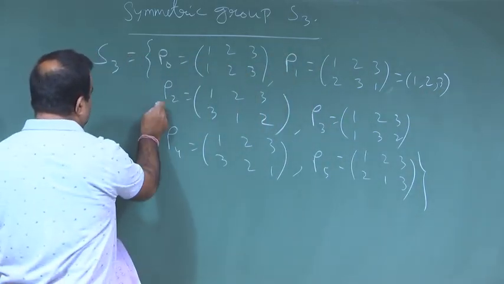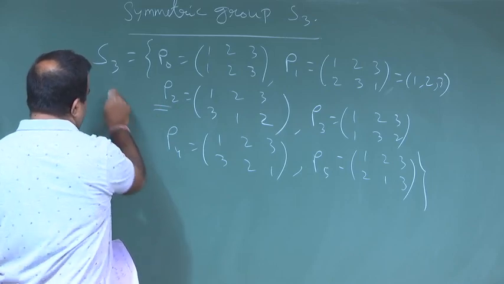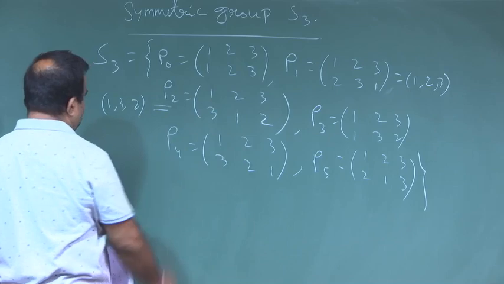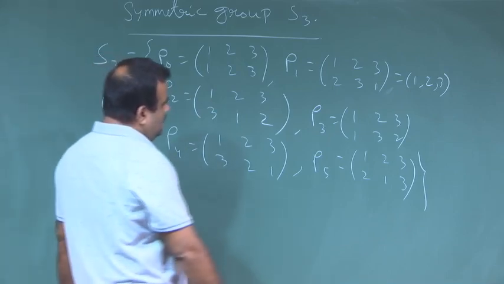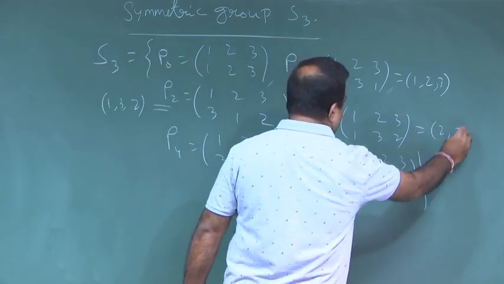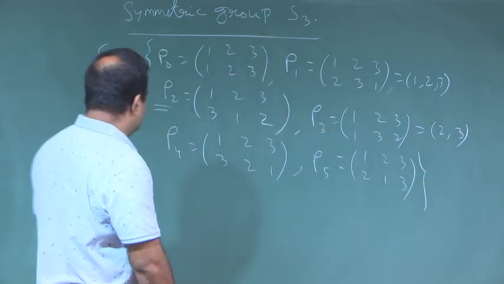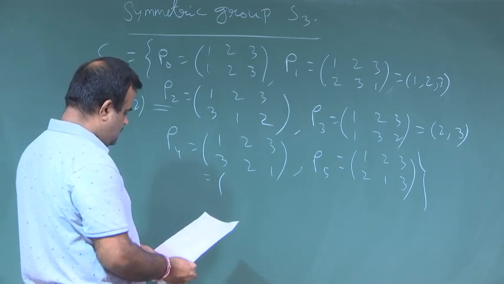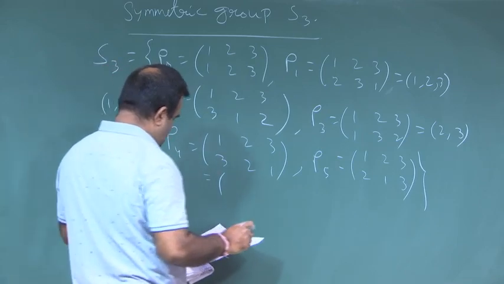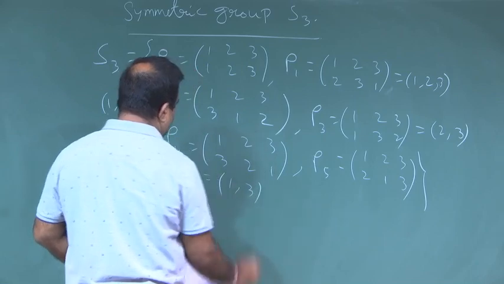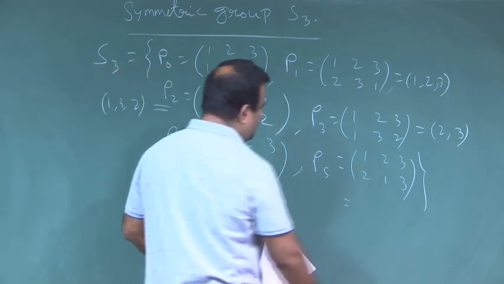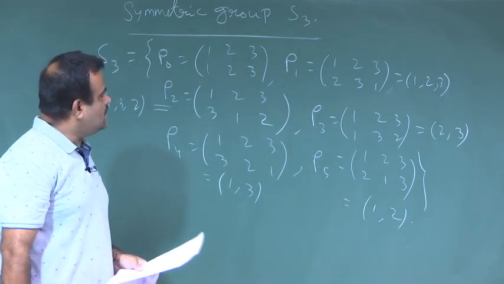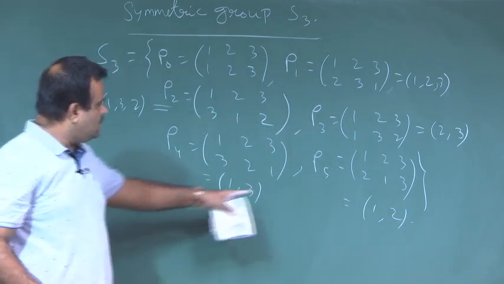Here, 1 is going to 3 and 3 is going to 2 and 2 is going to 1. And here, 2 is going to 3 and 3 is going to 2. And here, 1 is going to 3 and 3 is going to 1, and here 1 is going to 2 and 2 is going to 1. So, these are the cycles.